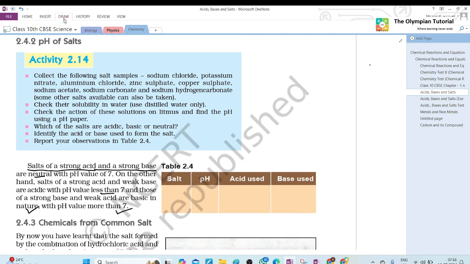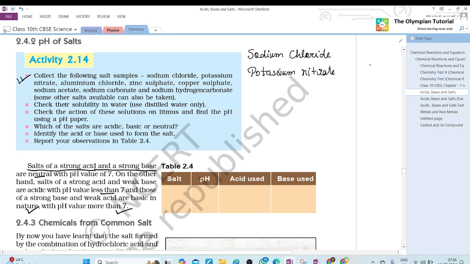Tanya, start to read. Collect the following salt samples: sodium chloride, potassium nitrate, aluminium chloride, zinc sulfate, copper sulfate, sodium acetate, sodium carbonate, and sodium hydrogen carbonate. Some other salts available can also be taken.